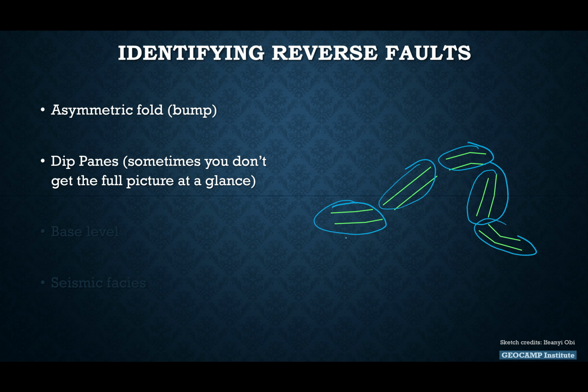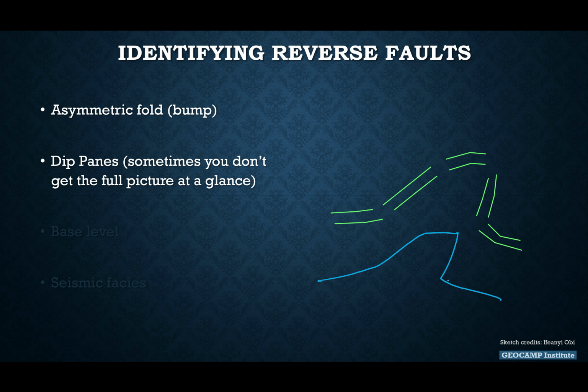So if I draw a line, I have this, this, and this. That tells me that I see asymmetry, but secondly, that this whole bump is sitting on something else, which is an underlying fault.